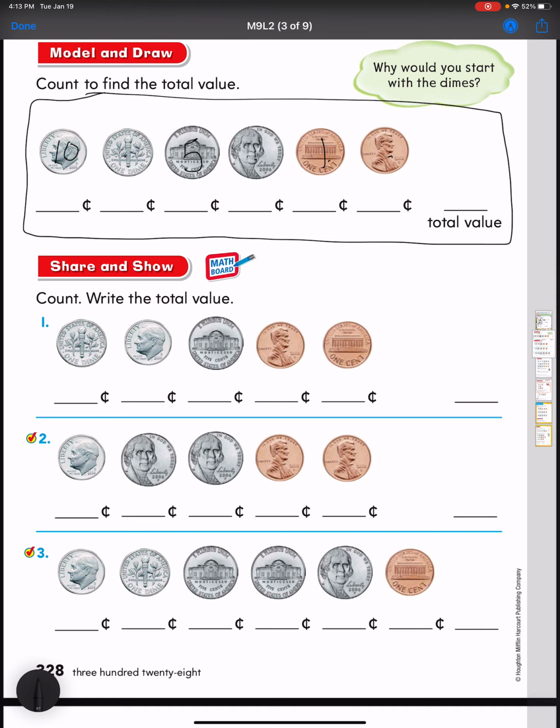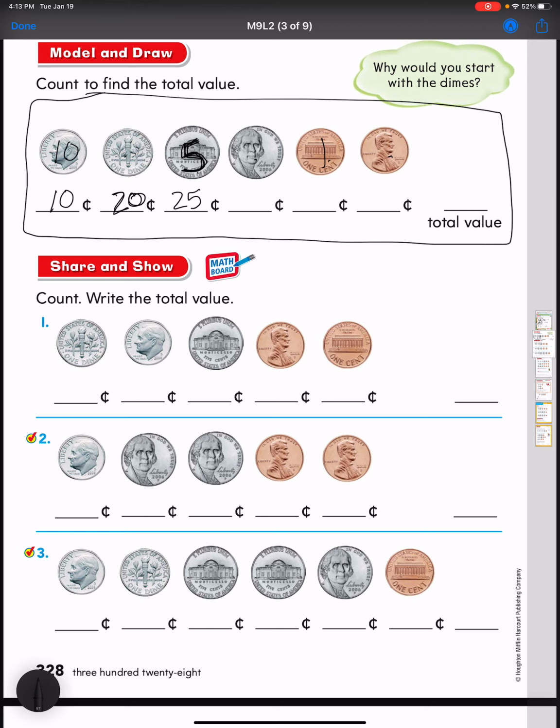So I know that when I'm counting dimes, I'm counting by tens. So I would say 10, 20. But look, I don't have dimes anymore. Now I have nickels, and nickels are 5. That means I'm going to have to start counting by fives now. So I had 20. Now I have 25.